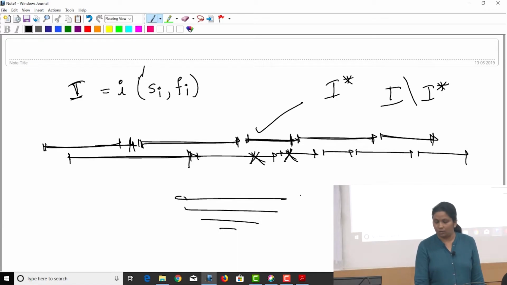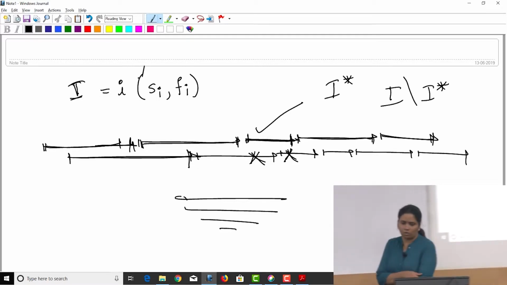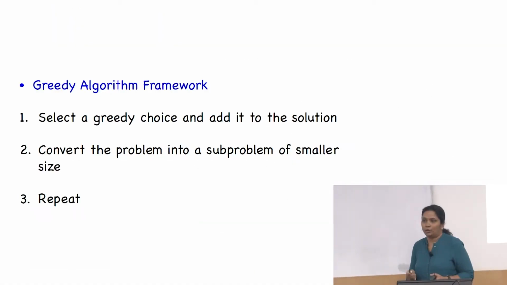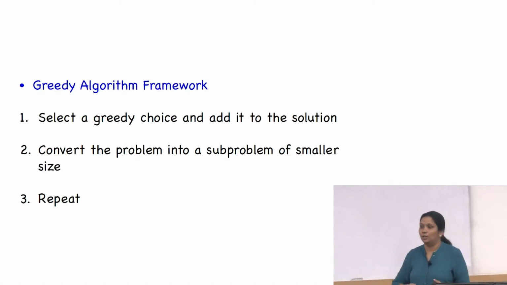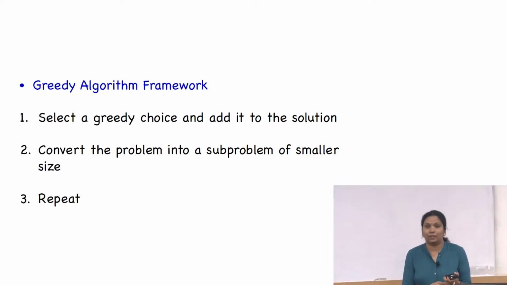So will taking the shortest one work? If you believe this will work, we'll try proving it. Otherwise, we'll try to find a counter example where it will not work and move on.